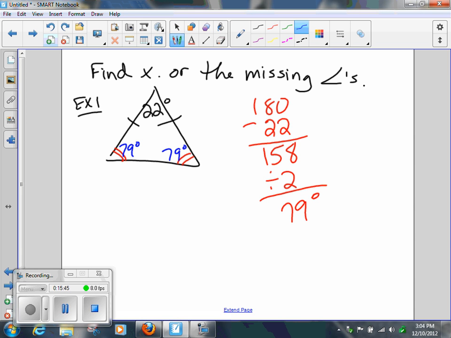Could you go back and check? How? Add them together. They better equal what? 180. There we go. Here's another one.